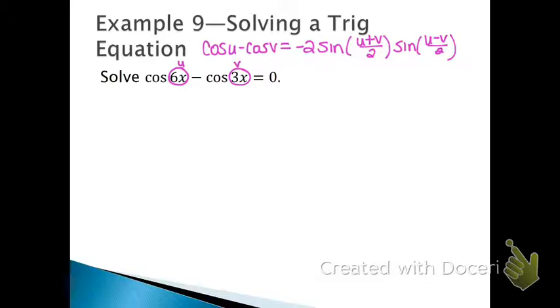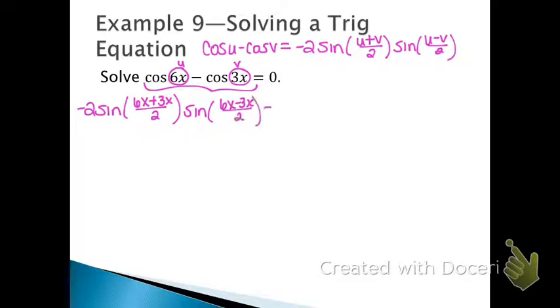So let's see. What do we have here? We're going to work on this left side and rewrite it. So it's negative 2 sine of (u plus v) over 2 times sine of (u minus v) over 2, and it's still equal to 0.